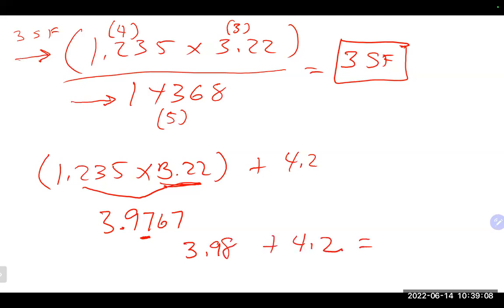Now, when we add these 2 numbers together, it gives us 8.18. The correct answer should actually only be 8.2 in this case. The last thing we did was adding, which we look at decimal places, which technically is 2 and 1.